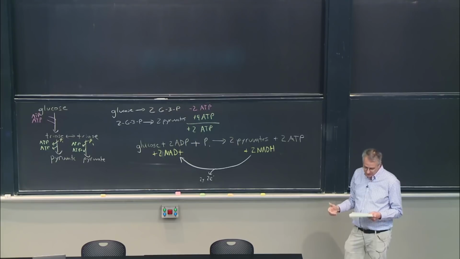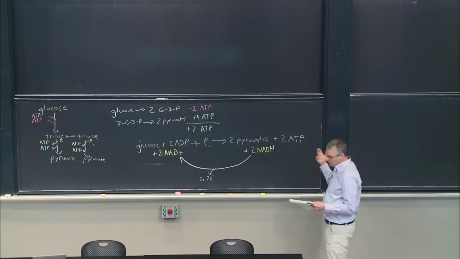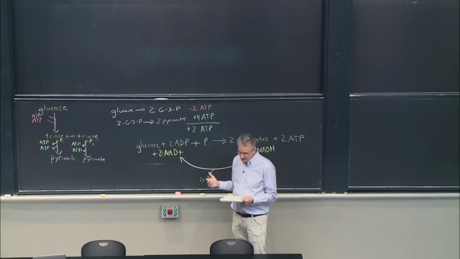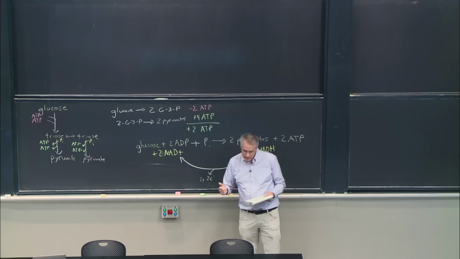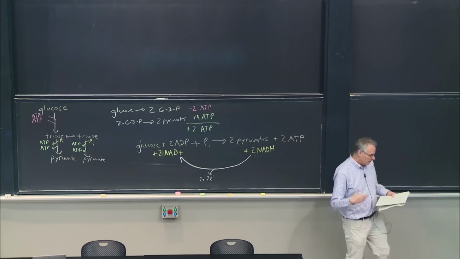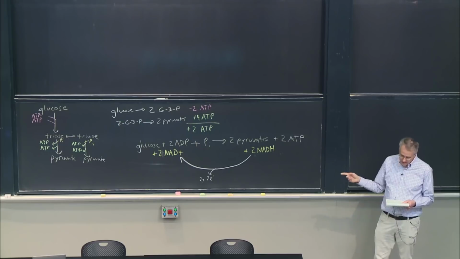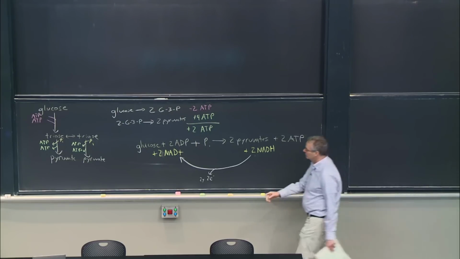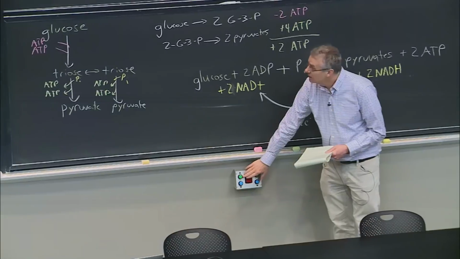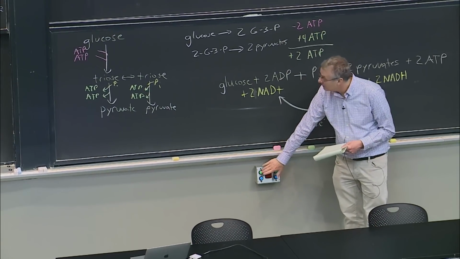It's turning that pyruvate into ethanol or lactate, which is reducing that pyruvate, picking up the electron waste from the NADH, and allowing you to regenerate the NAD that's required to run the GAPDH step. And so, I'll just illustrate this.